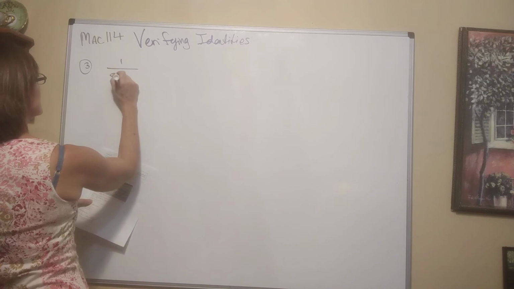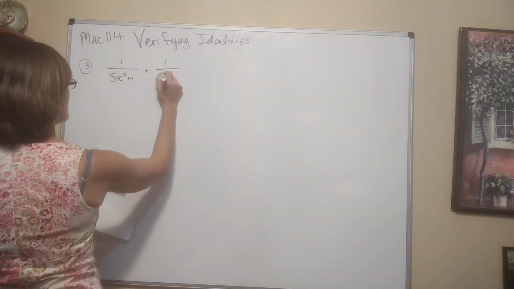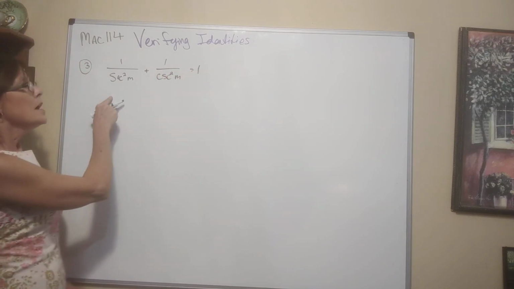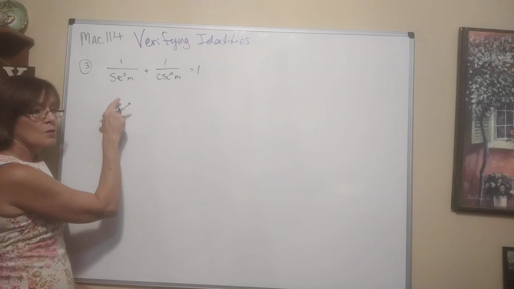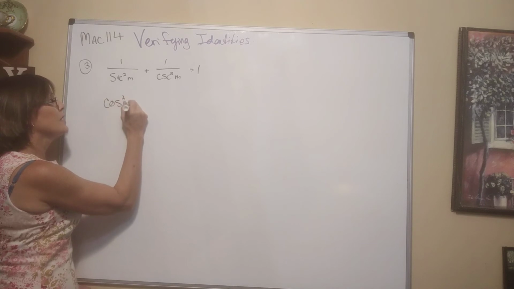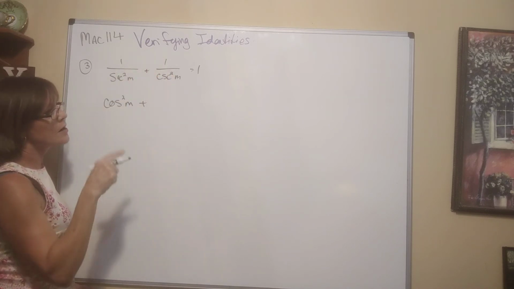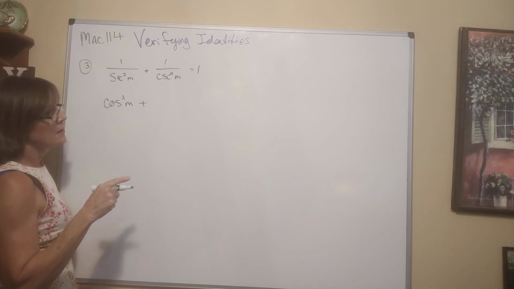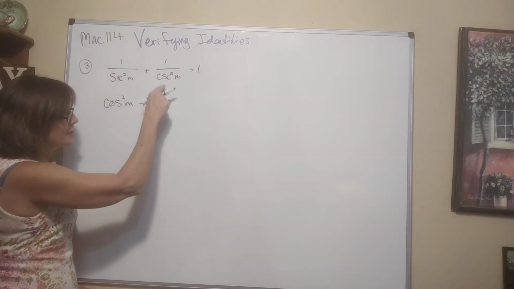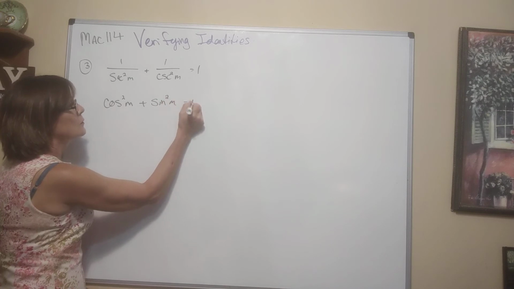1 over secant squared of m plus 1 over cosecant squared of m is equal to 1. 1 over secant is cosine. So 1 over secant squared is really equal to the cosine squared of m. 1 over cosecant squared of m: 1 over cosecant is sine, so 1 over cosecant squared is really sine squared of m, and this is equal to 1.